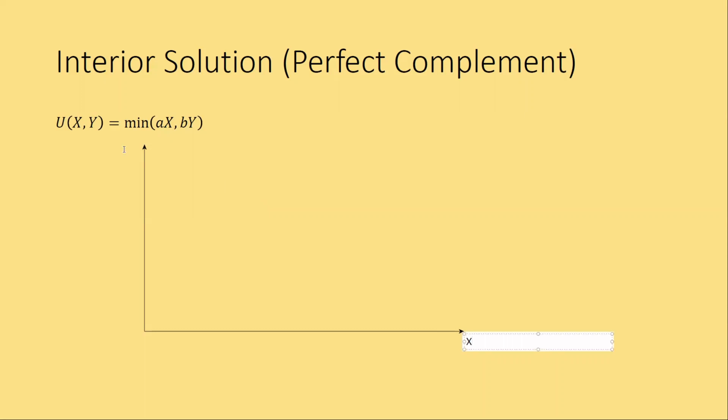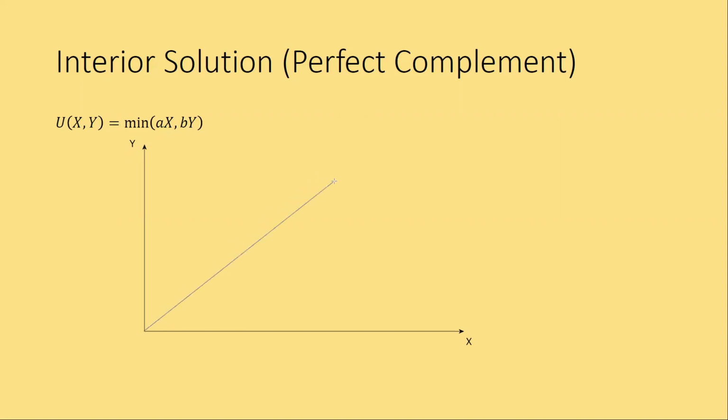We have X on the horizontal axis and Y on the vertical axis. Recall that the indifference curves for perfect complements are L-shaped curves that look something like this. I'm going to first draw a supplementary line that is going to be helpful for my drawing.